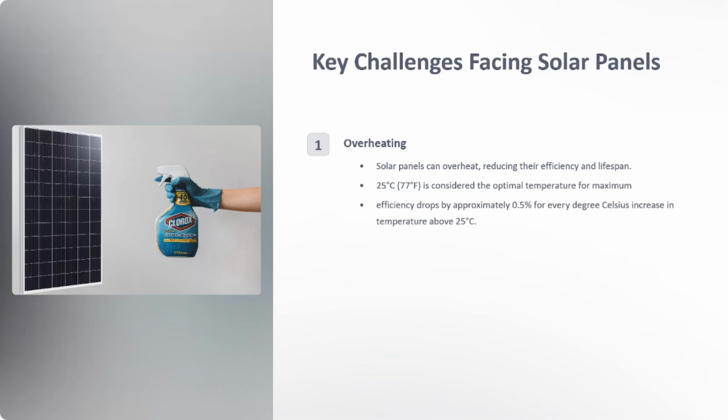But there are some places which have a higher temperature than 25 Celsius. Definitely there will be big problems, because when the solar panel is working, the internal parts get hot and there will be significant temperature or overheating issues, right?